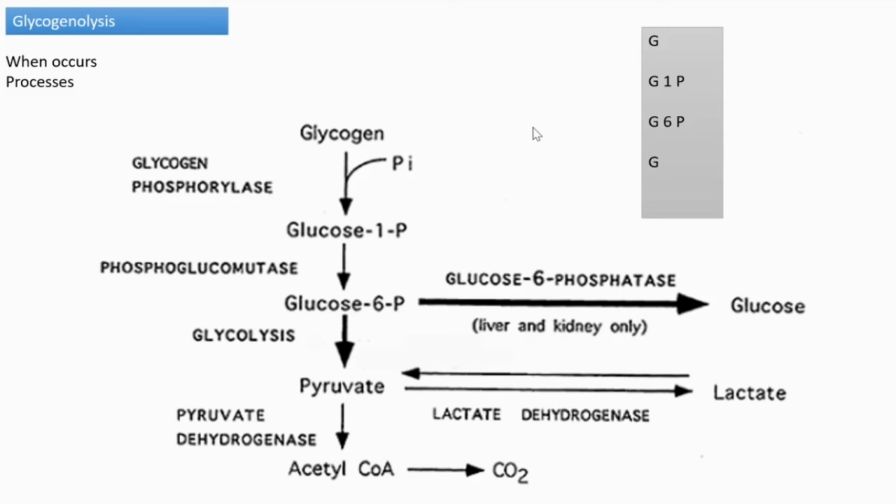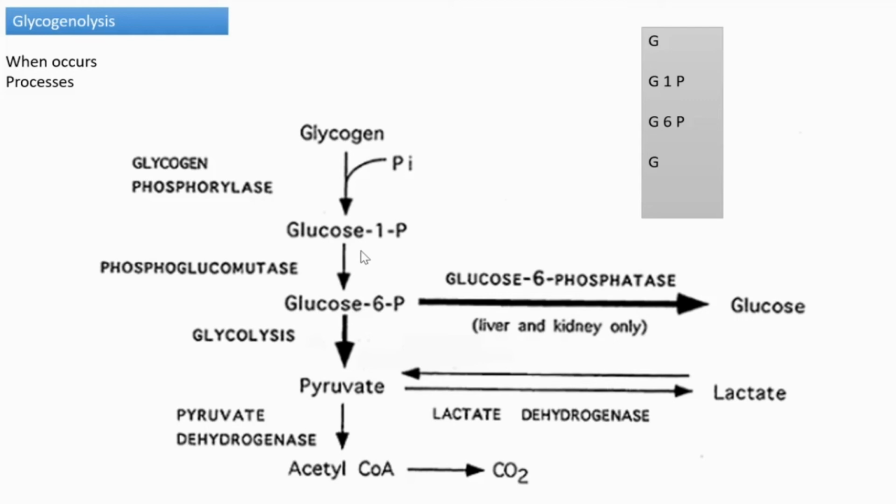That linkage needs to be cleaved, and it is cleaved by this enzyme. I am just telling the main process that is carried on there. Simply, glycogen is acted upon by the enzyme glycogen phosphorylase, and the freed glucose reacts with the phosphate to form glucose 1-phosphate. Only this much.